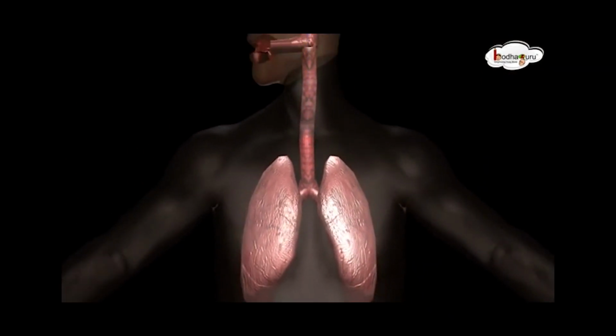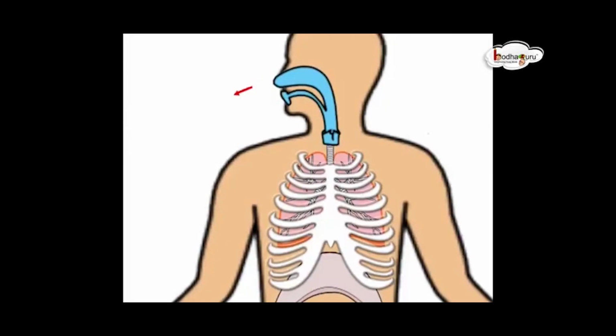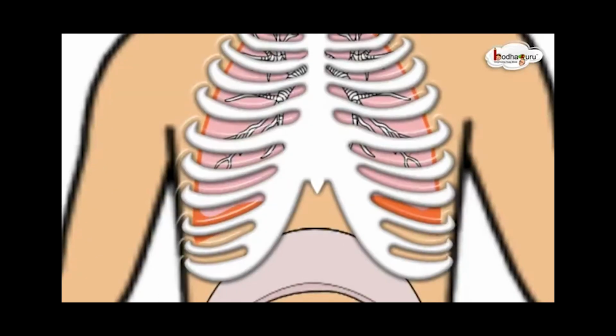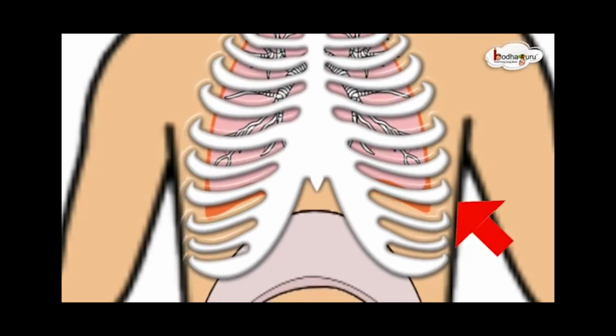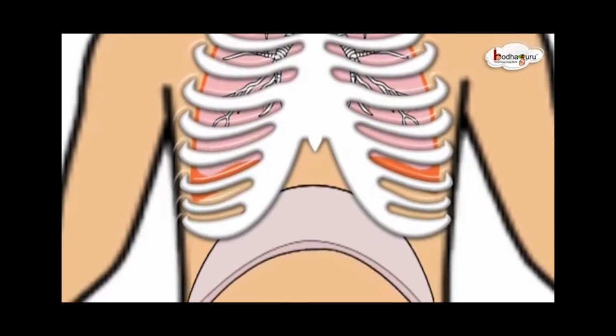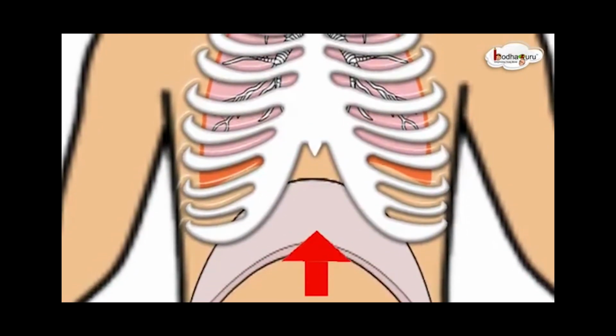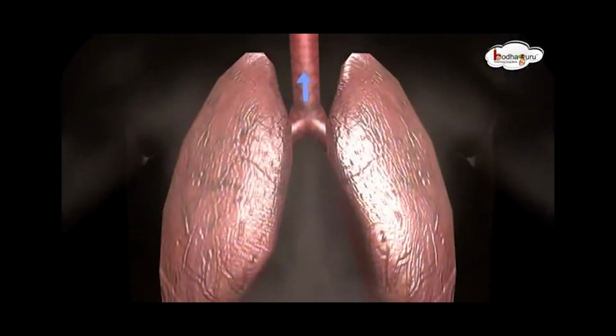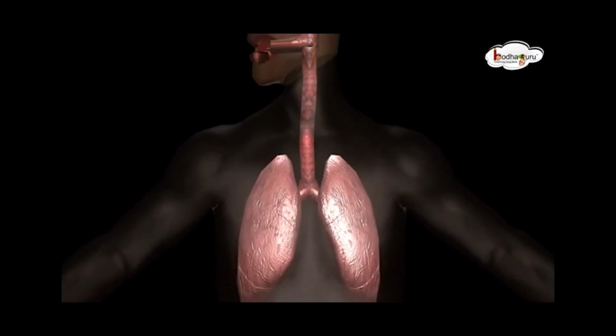Similarly, giving out of air rich in carbon dioxide is known as exhalation. During exhalation, the rib moves downwards and inwards. The diaphragm moves up. The chest cavity is reduced and the air rushes out of the lungs, making the lungs smaller.